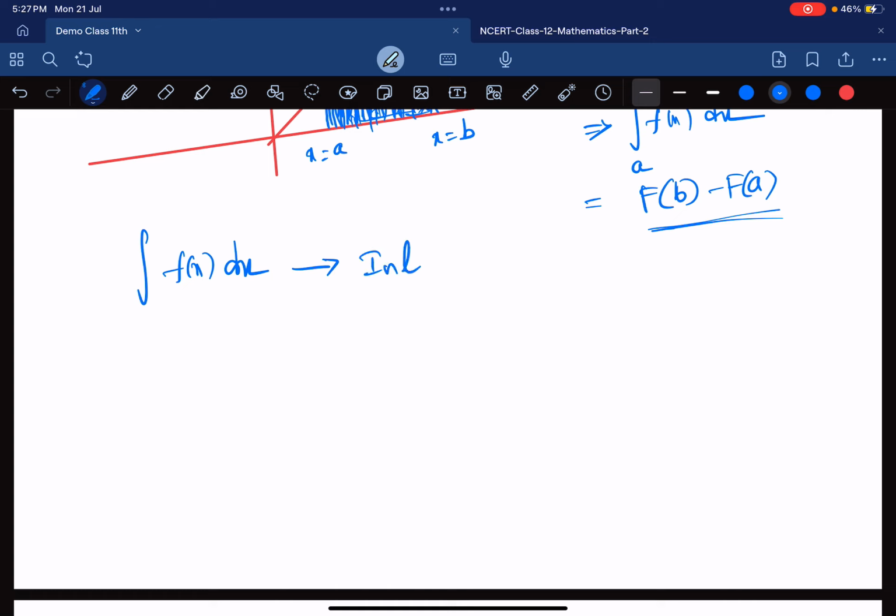The meaning is integral of f with respect to x. f of x is the integrand, and x is the variable of integration.